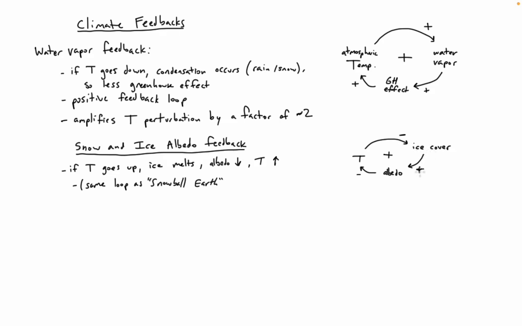More ice means more albedo, more reflective, so the Earth gets less energy from the sun. The Earth is more reflective, that makes it colder, and it loops around until the whole planet is covered in ice. That's what we meant by the snowball Earth hypothesis. But at the moment, we're more concerned with the other direction.